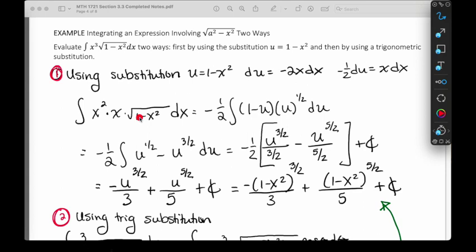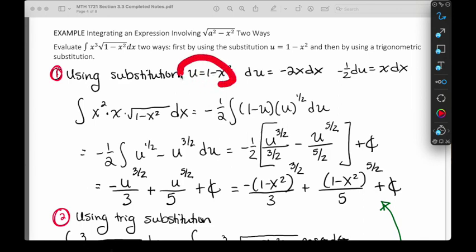So this inside here becomes u. I can replace x dx, this and this, with negative 1/2 du. And then x squared, if I rearrange this for x squared, I have that x squared is 1 minus u.